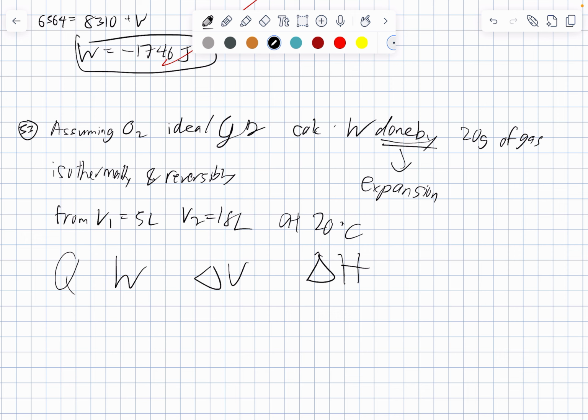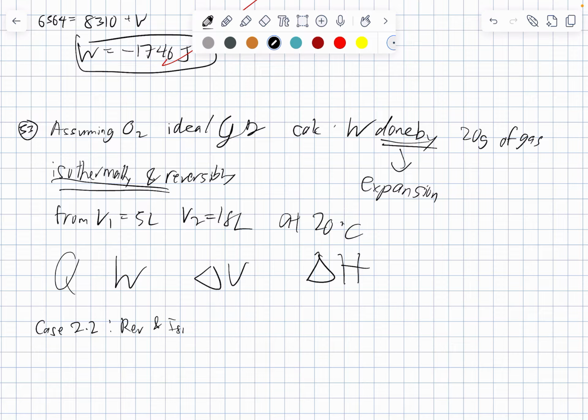So this is what? Assuming ideal gas, oxygen is ideal gas. Calculate the work done by 20 grams of the gas expanding isothermally. There you go, that's the word I'm looking for. So isothermally and reversibly. This is moving boundary work, it's case 2.2.